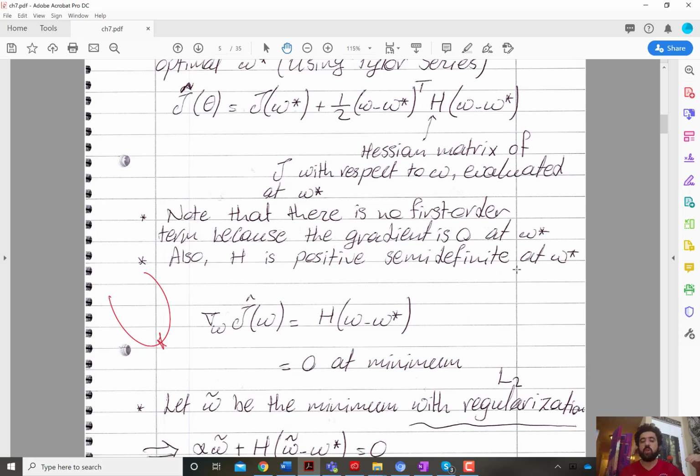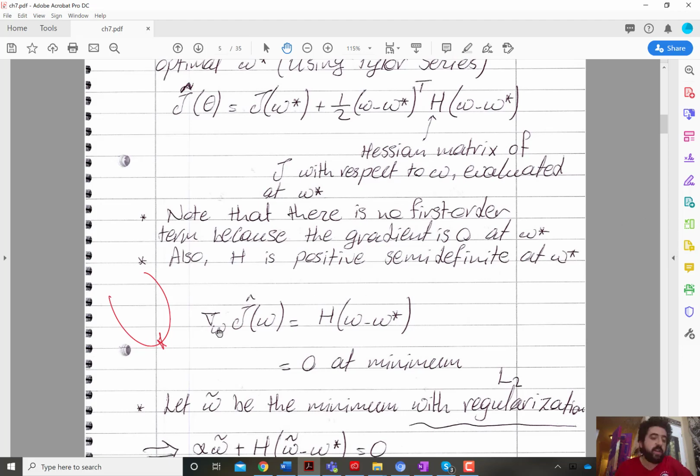So I have to have the second derivative being positive in both directions around the minimum, and that's what it means for H to be positive semi-definite, because the derivative of the function is increasing in all directions around the minimum.